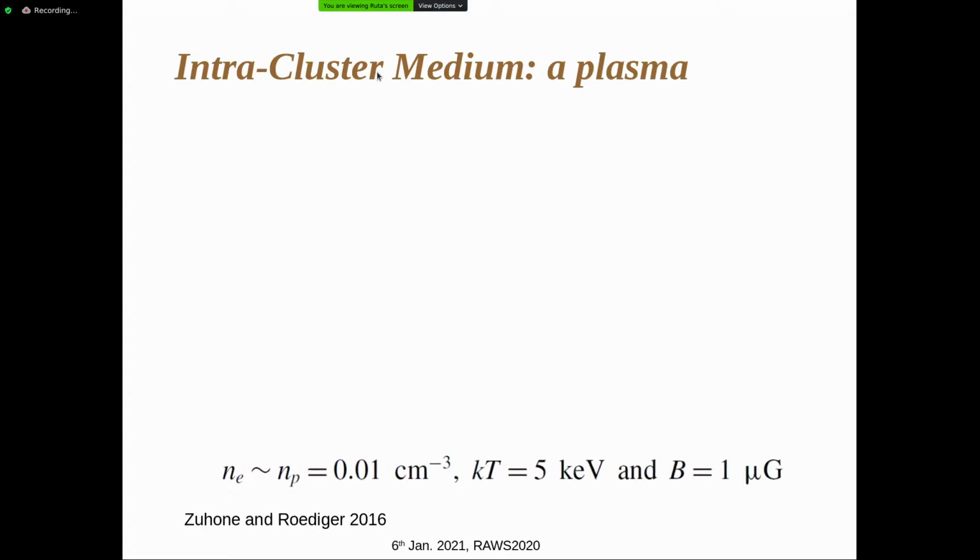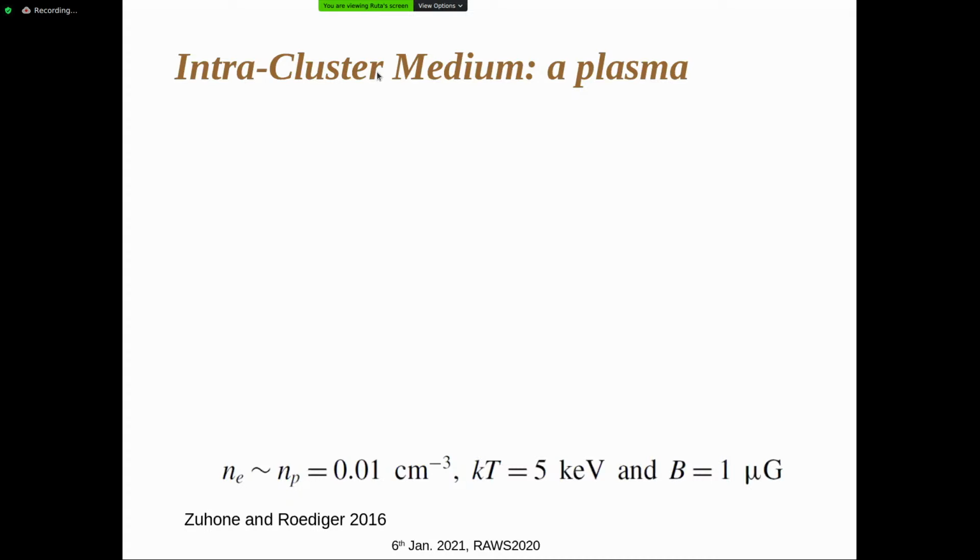Here, if we take standard parameters like an electron density of 0.01 per cubic centimeter, a temperature of about 5 keV, and I have been expressing temperature in keV as well. Often in galaxy clusters, you will see that people say the temperature of a galaxy cluster is so and so keV.